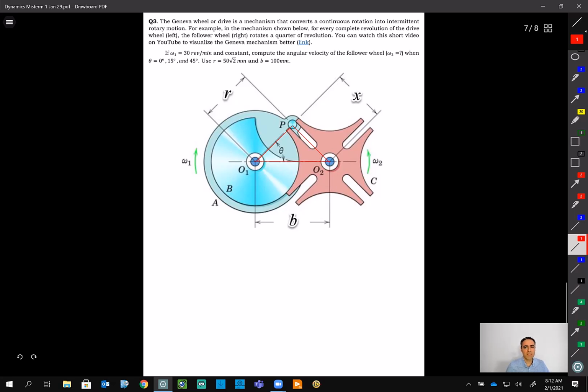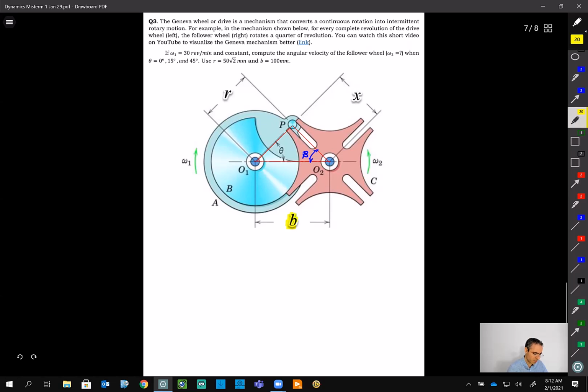The moment that things start rotating, theta is changing, and let's call this angle beta. Beta is changing, and also x is changing. The only thing that is constant here is b.